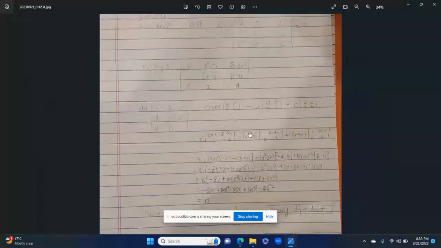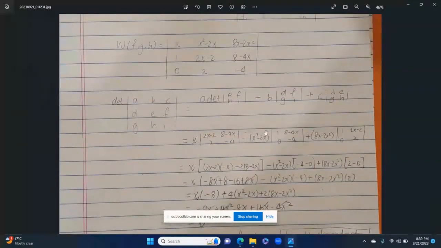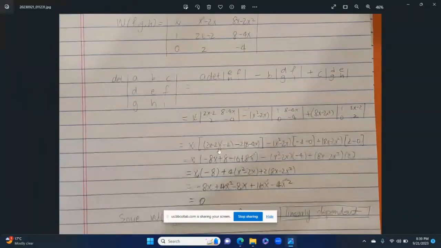So over here, I just follow exactly the formula up top. So A is x, and then I put the determinant of the 2 by 2 remaining matrix, minus B, which is x squared minus 2x, again the determinant, plus C, 8x minus 2x squared, again the determinant. And then as I presented in the last presentation, the determinant is just the cross-section product of these minus the product of these.